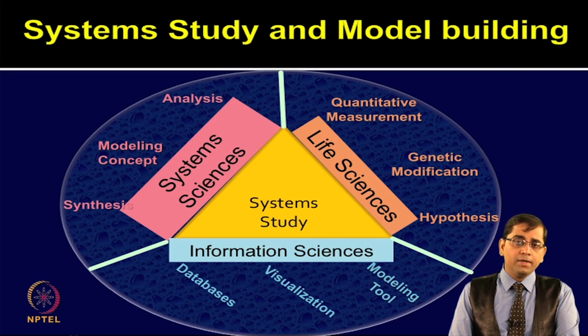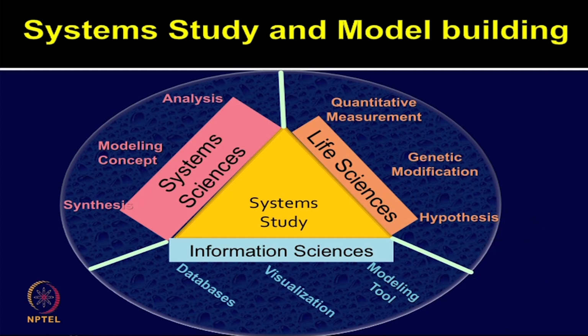Life science disciplines provide quantitative measurements, genetic modifications and deriving some hypotheses. The information science enables the visualization, the modeling tools and different databases. This model building as an aid to understand the complex system is very useful for system level investigation. There are different technologies which have been employed to study systems biology.